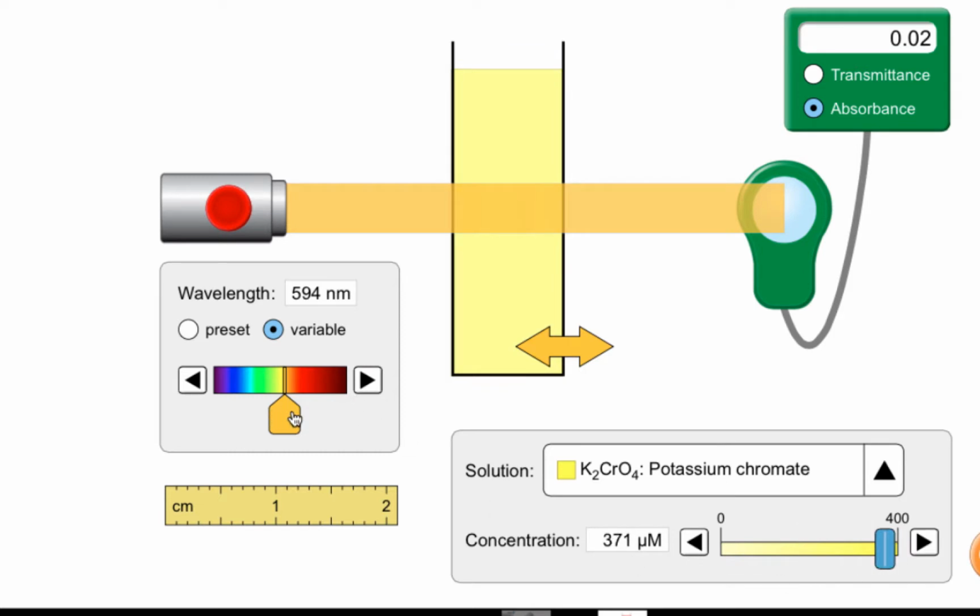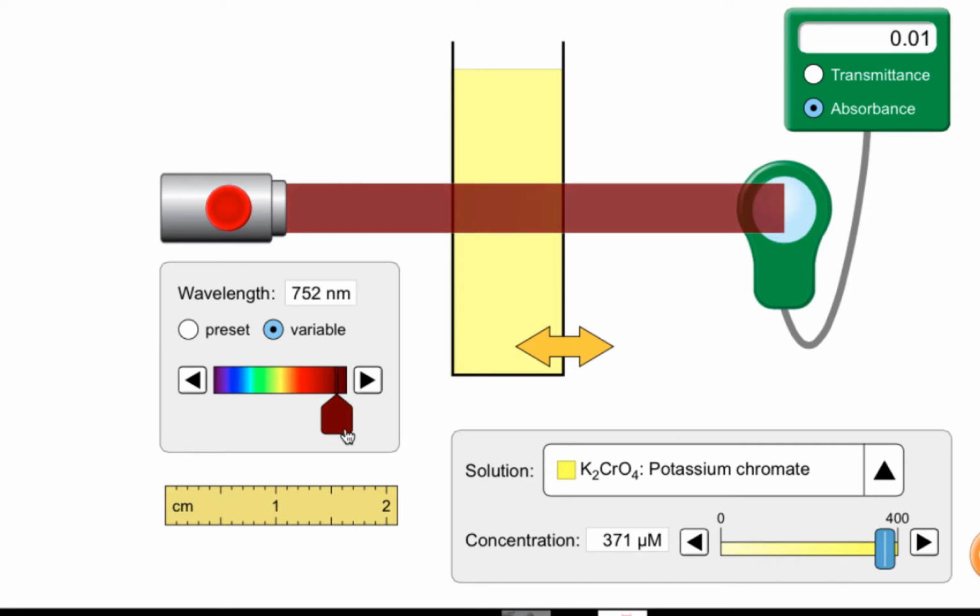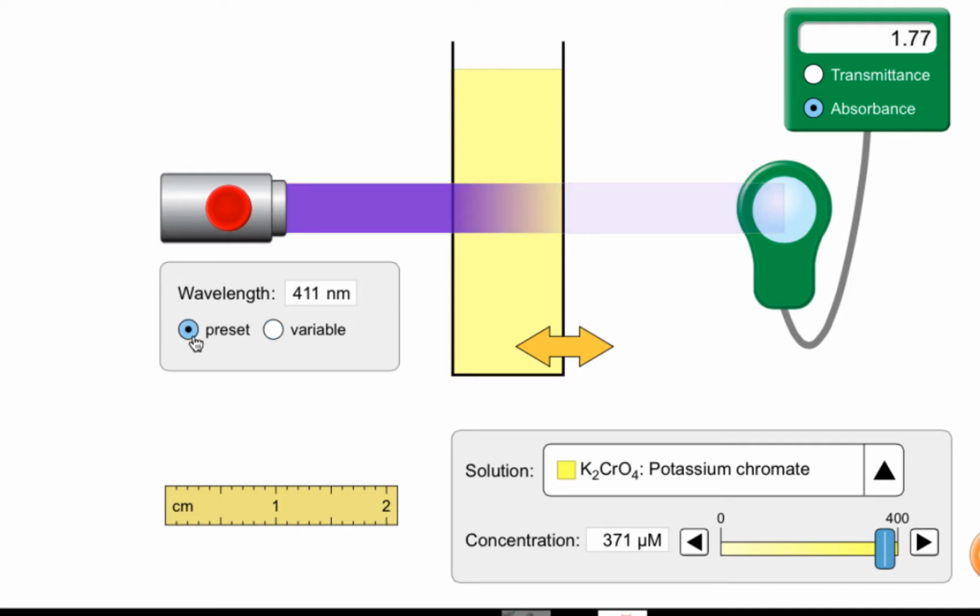If I pick red, that also doesn't seem to absorb very well. If I pick green, that doesn't absorb very well. So I have to find the wavelength that absorbs the best. Turns out, for this solution, the wavelength of max absorbance is 411 nanometers, which is down in the purple end.